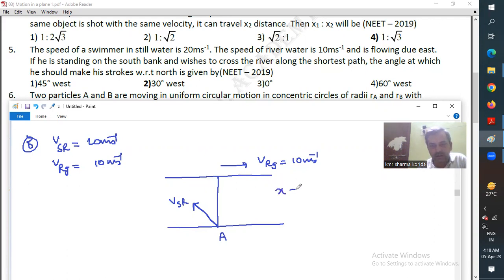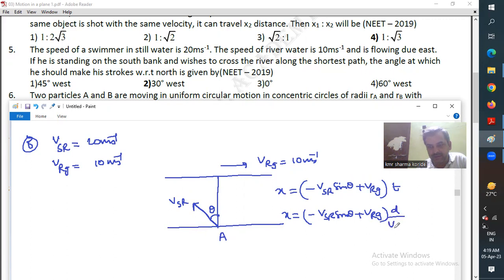After you take resolution, you'll get x is equal to minus VSR sin theta plus VRG, into time. Time can be replaced with the width of the river divided by the other component of VSR, so VSR cos theta.